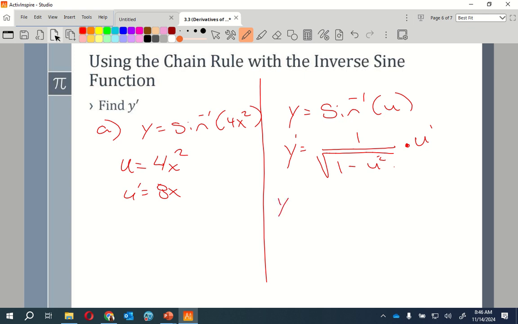So y prime is equal to 1 over the square root of 1 minus, because u is all squared, I'm going to put it in parentheses, my 4x squared, close square, times 8x.